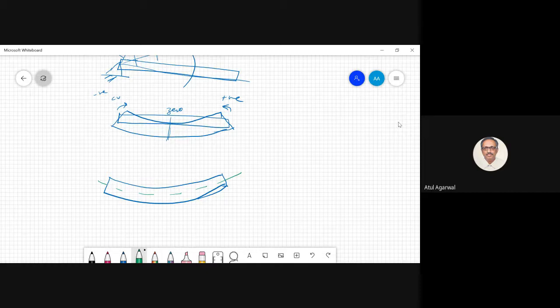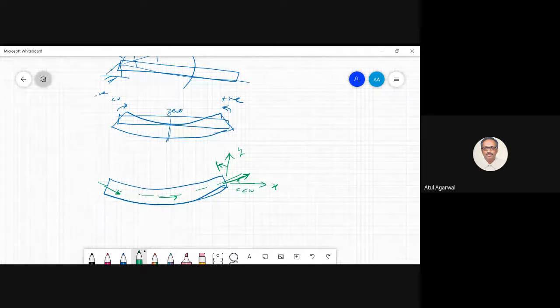One more thing you can do about it. You can draw a tangent to this neutral surface. So what is this angle? You saw you did a counterclockwise rotation. This angle is also counterclockwise.